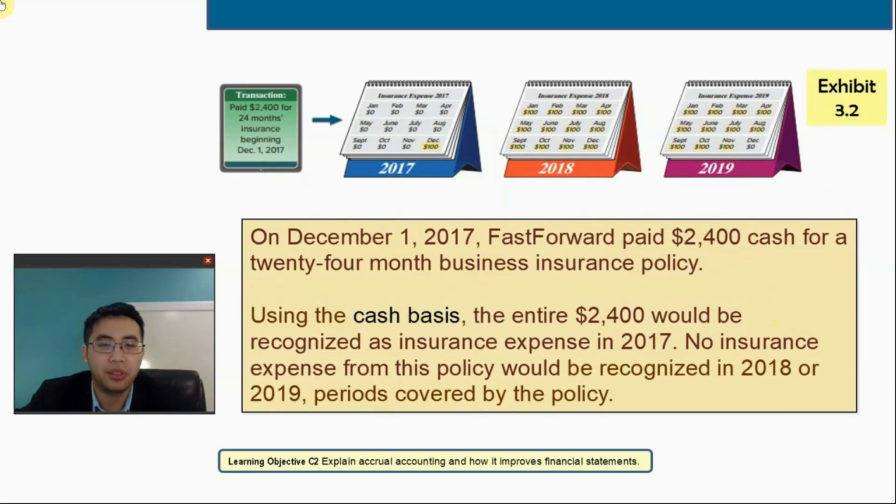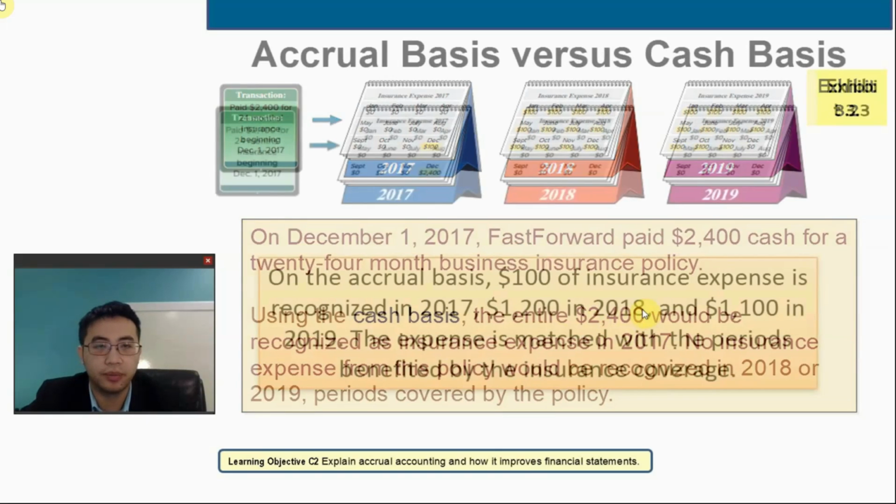So 2,400 is there, and you will see a cash deduction of 2,400, and then you don't have to pay insurance expense for the next 24 months. Under a cash basis, there's no insurance expense for the next 24 months, right? Because it all gets covered due to this big lump sum payment.